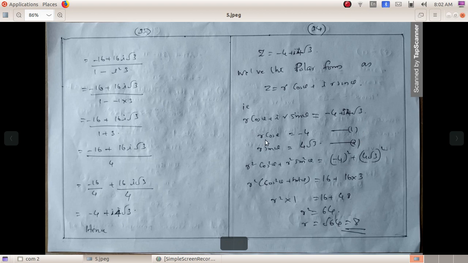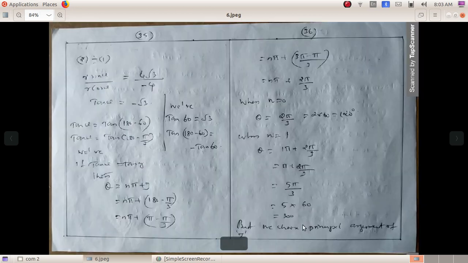Squaring both sides and adding, r square cos square theta plus r square sin square theta equals minus 4 square plus 4 root 3 square. Taking r square outside, we get 16 plus 16 into 3, that is 16 plus 48, so the answer is 64. So r square is equal to 64, r is equal to 8. So we got the value of r. Then we have to find the value of theta. Then dividing, r sin theta by r cos theta is equal to what?